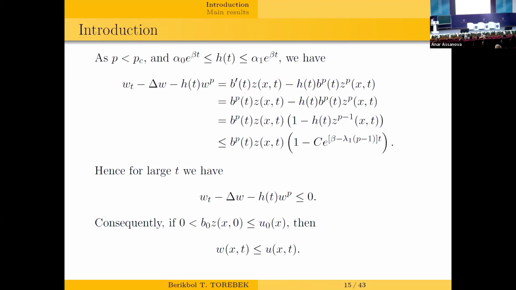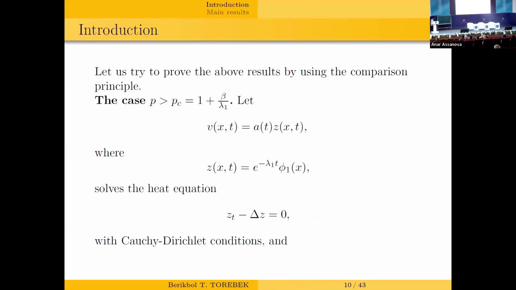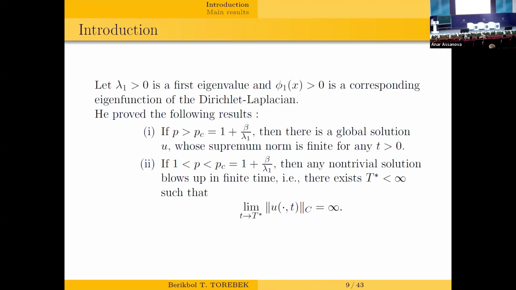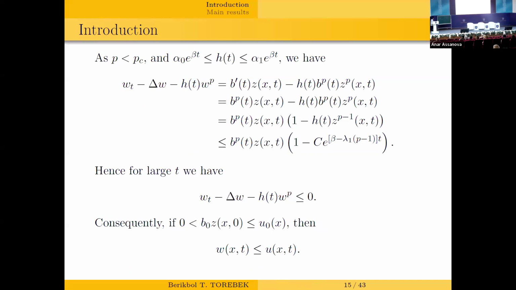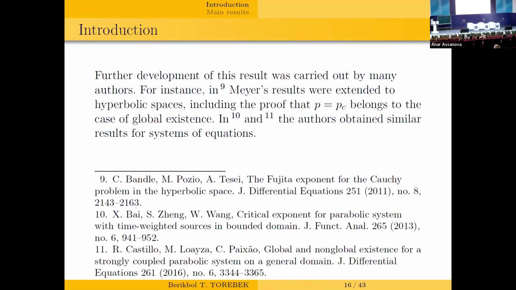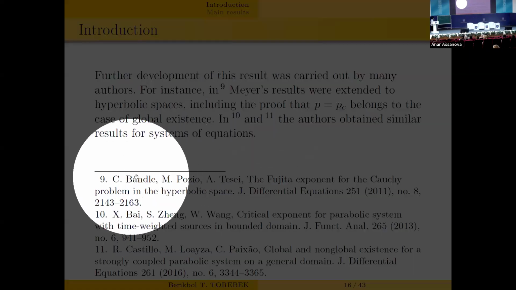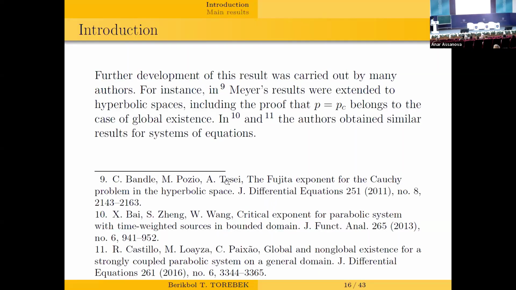And it means that there is a critical exponent that depends on the first eigenvalue. It was a new phenomenon. Later there were some improvements or generalizations of these results. For example, Bandle, Pozio and Tesei considered the same problem as Meier on the hyperbolic space, and they got almost the same results.